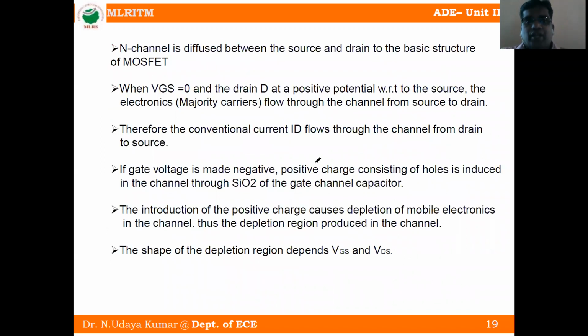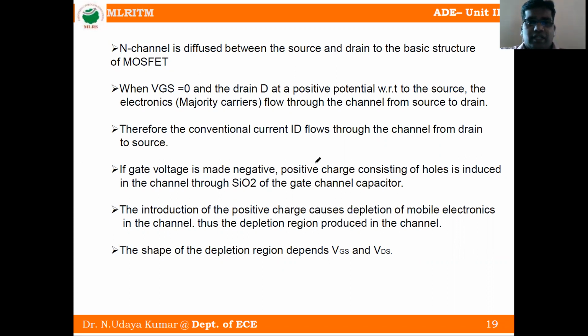Okay. When VGS is equal to 0, that means the gate-source voltage is 0, and the drain is at a positive terminal with respect to the source. The positive terminal of the battery is connected to the drain and the negative terminal to the source.